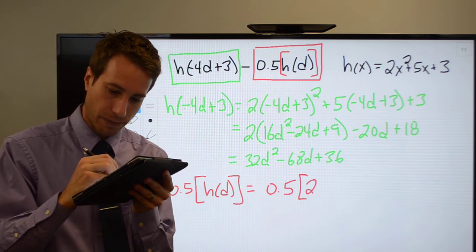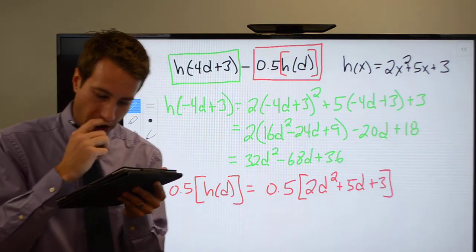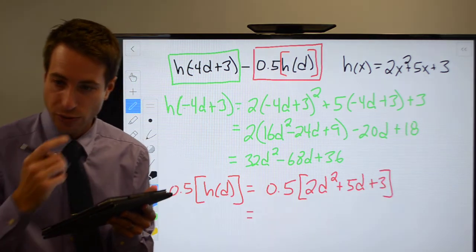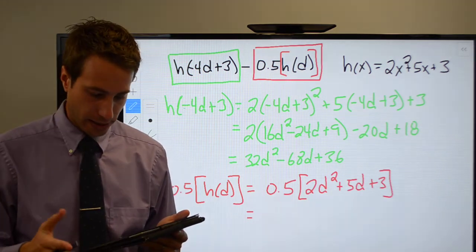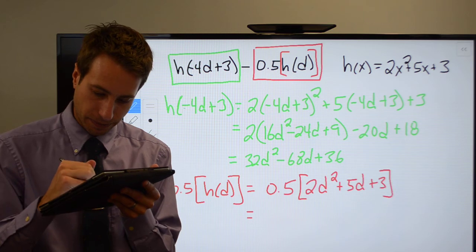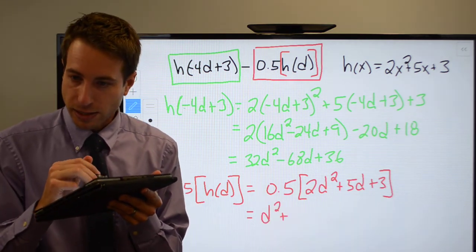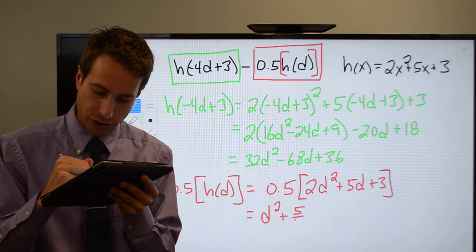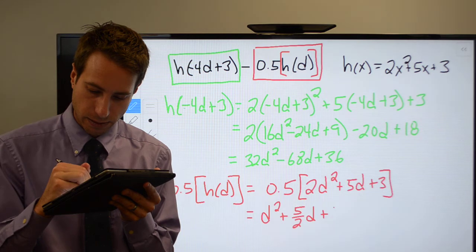So 2d squared plus 5d plus 3. All right, go ahead and distribute that 0.5 through there, and what you should wind up with is d squared plus 5 halves d. Ooh, fractions. Okay, all right. It's Algebra 2 honors. We got this.